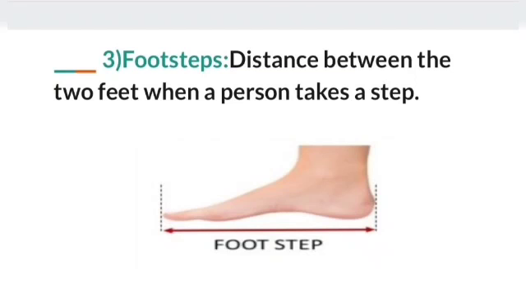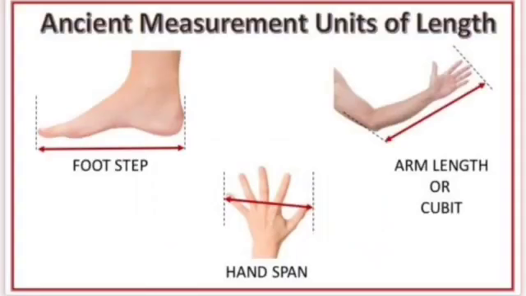in this way. But the problem is, this is not the correct way of measurement, because the length of footstep, handspan, cubit varies from person to person, right? Like the length of my handspan and your handspan is different. Similarly, the length of cubit or arm length is not similar to your arm length.